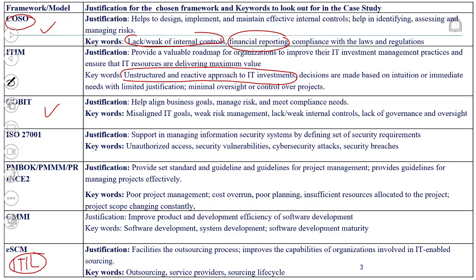The rest can wait because they're not very important to the business. So the keywords are those ones there: decisions being made by intuition, minimal oversight and control. I added something here, for example, budget constraints.